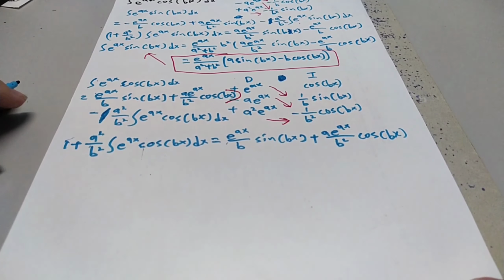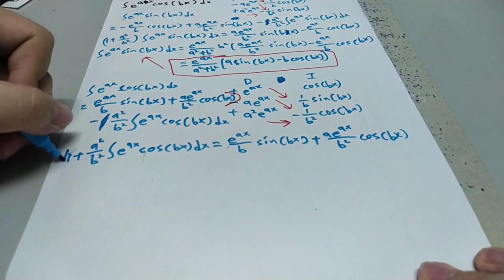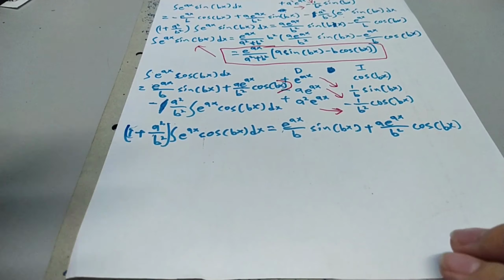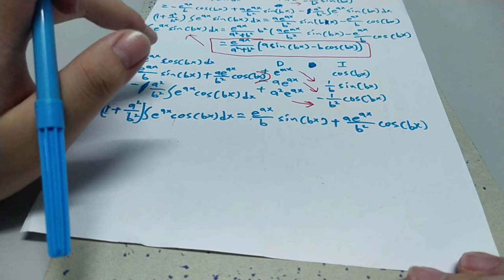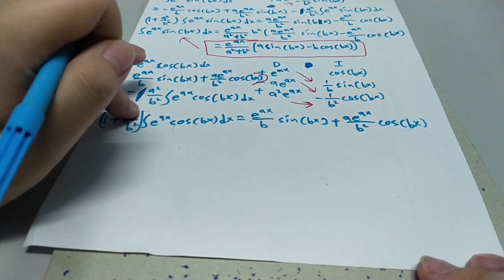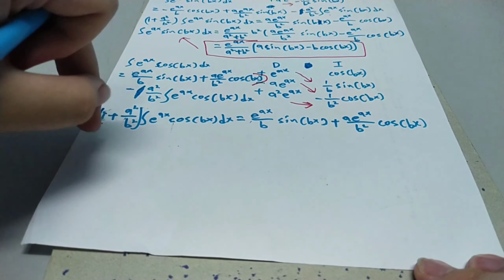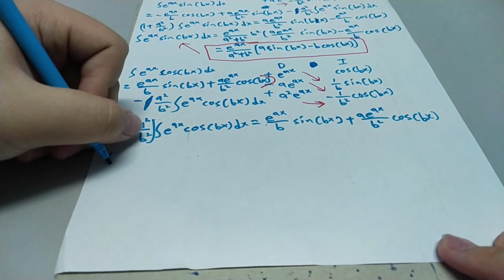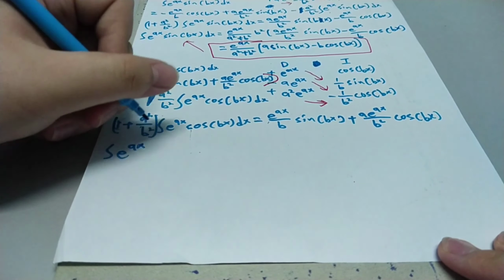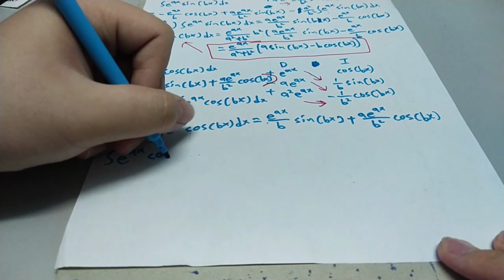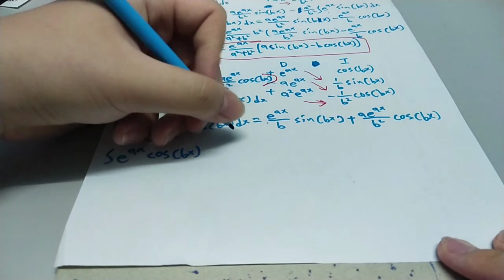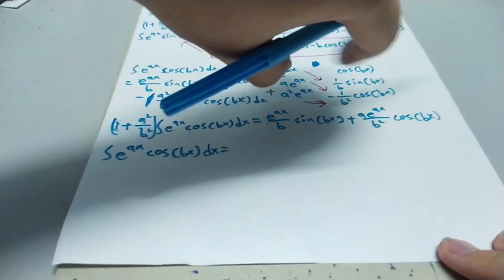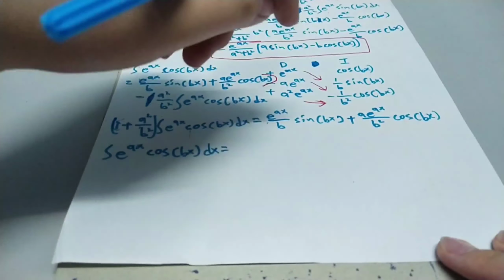And then what we're going to do is we are going to group it, and I'm sorry that I forgot to write the close bracket. And as you guys can see, if we take the constant to the other side, we will get what we want. So the integral of e power of ax times cosine of bx dx is equal to, now at the same time we can just actually factorize the e power of ax out.